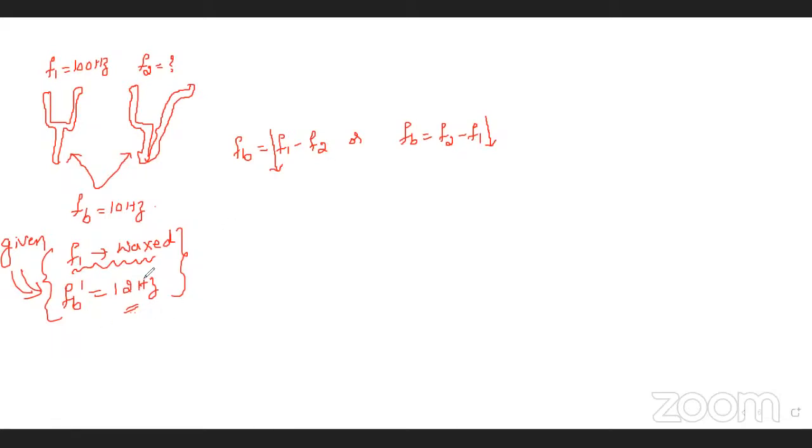After waxing, what is the beat frequency here? 12 Hz. What was it before? 10 Hz. So 10 Hz has become 12 Hz, which means the beat frequency has increased.